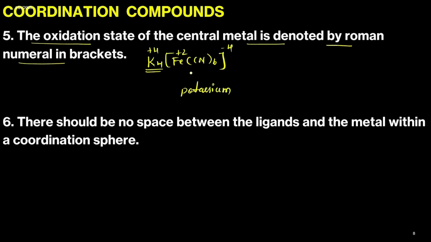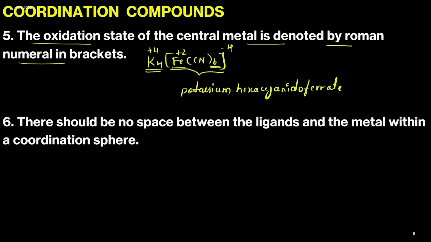Then we have to write the name of the ligand. How many ligands are there here? 6 CN ligands are there. Therefore, it is hexacyanido. Since this is an anionic complex, the name of the metal should end with the suffix ate. Therefore, it is ferrate.